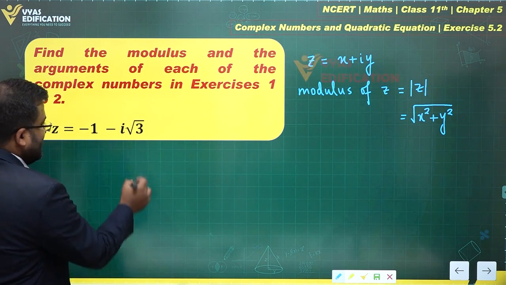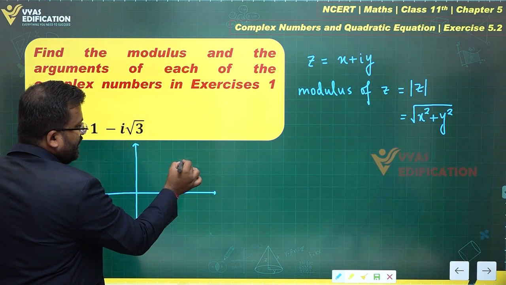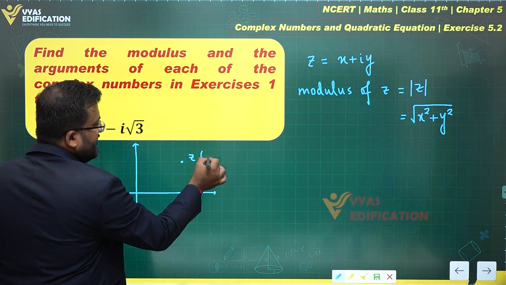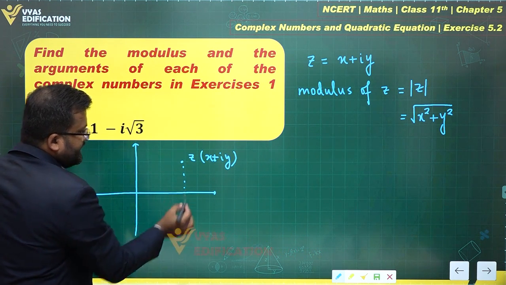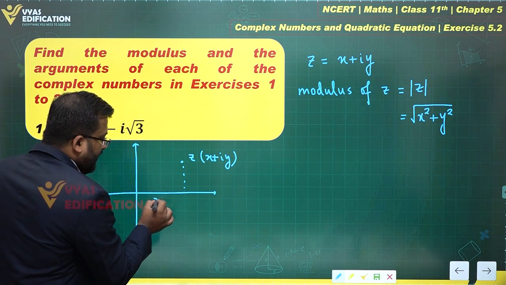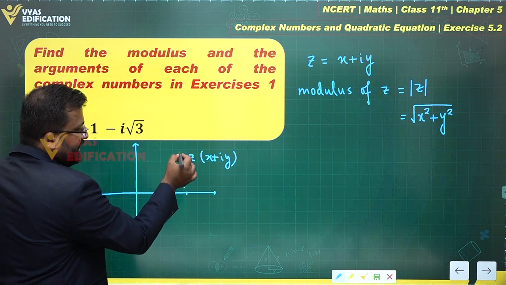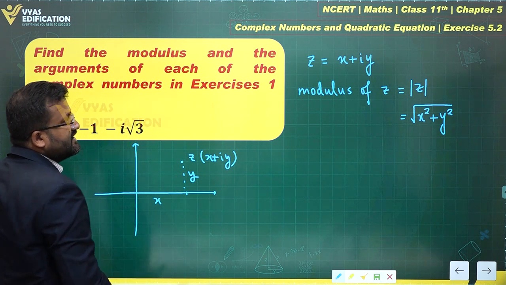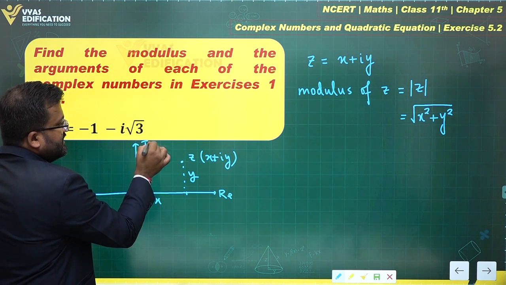Modulus of z signifies, when we draw the Argand plane, for any point z, which is (x, x plus iy), the coordinates of this point will be along the real axis. We have to move a distance x, and along the imaginary axis we move a distance y. This is the real axis and this is the imaginary axis.